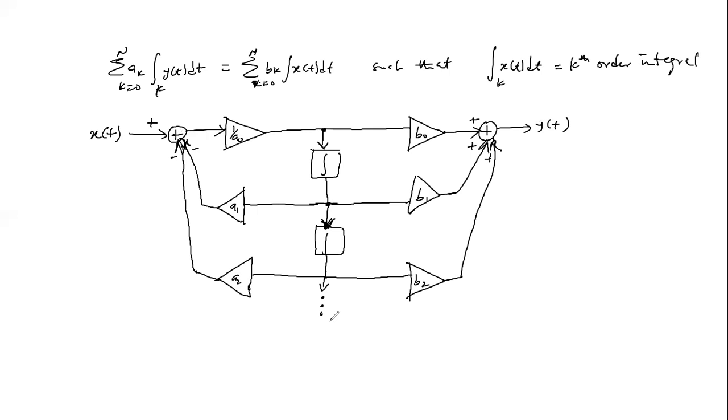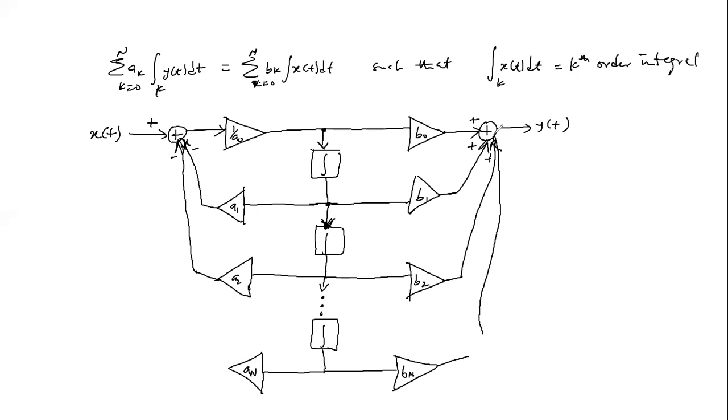Till we get into the final integrator here. And then voila, we have this. So this will be b sub n, and then this will be a sub n. So this also is positive, and this is negative, right?